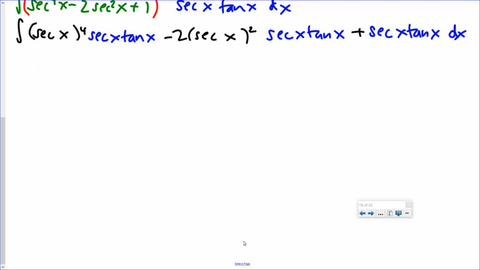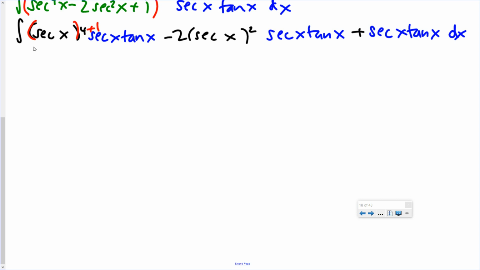So what I want to do is ask myself, is there any more distribution that I can do? No. I mean, you could FOIL this out, but don't do that. And the reason is this. If I make this my u, remember there's three different integrations here. If I make this my u, this means that is the exponent I will work with.